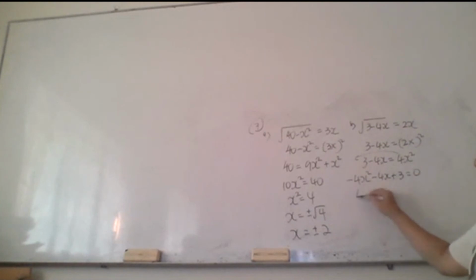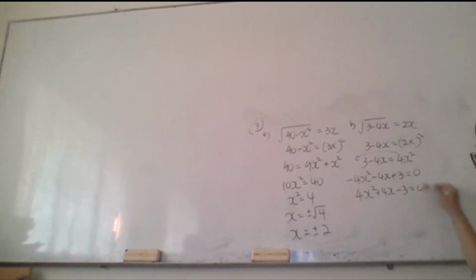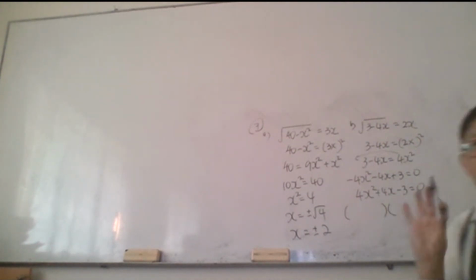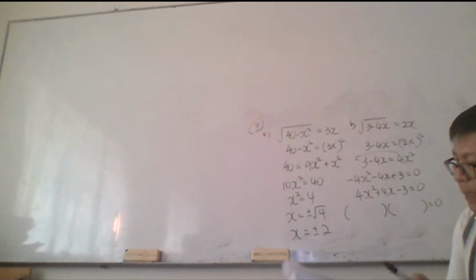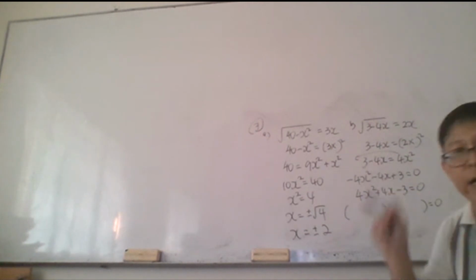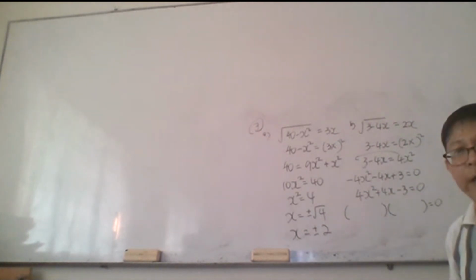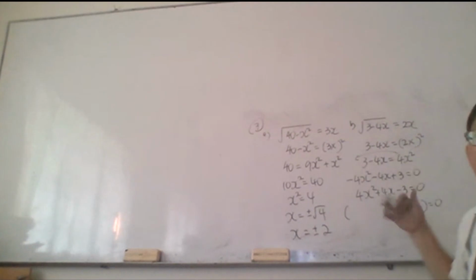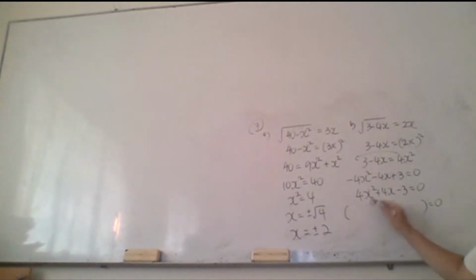And I will cancel the negative, it becomes positive. And after that, I'm going to factorize. Please do not worry, the solution is already in the paper. I just want to tell you how. 2x and 3, 1. So plus minus.